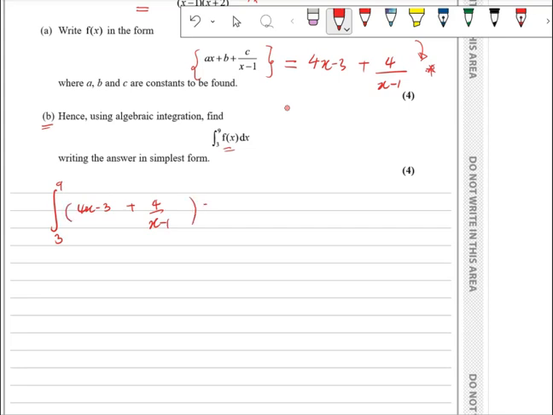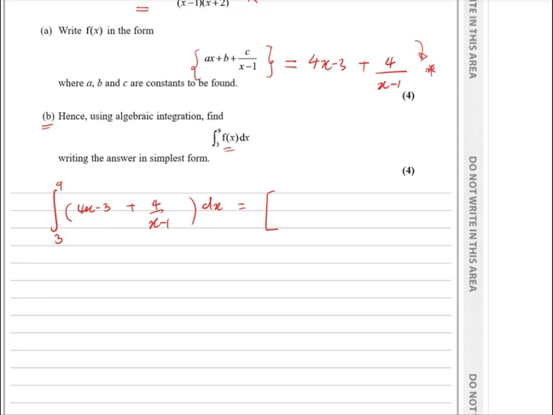This is our integral. Now when you integrate this, you have 4x squared over 2, which we can just write as 2x squared. So the first part is 2x squared minus 3x, plus this integral here.